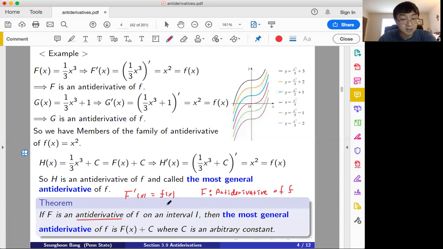Then F of x plus c: you can take a derivative. We have capital F prime of x, and c prime equals 0, so just little f of x. So we call capital F of x plus c the most general antiderivative. This is the whole idea of the antiderivative.